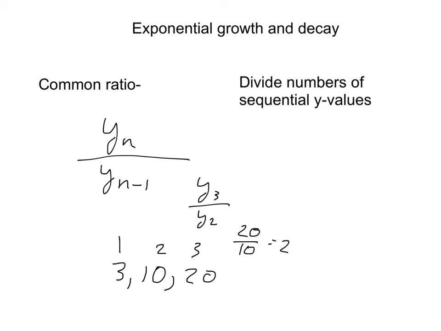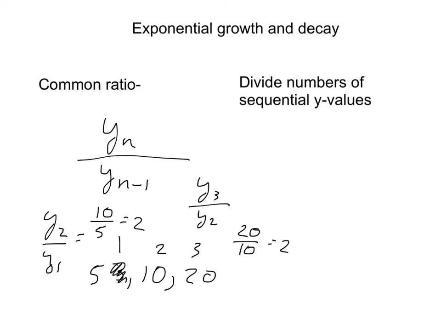If, say, instead of a 3 here, it was actually a 5, then it would be y2 over y1, and that's 10 over 5 equals 2.